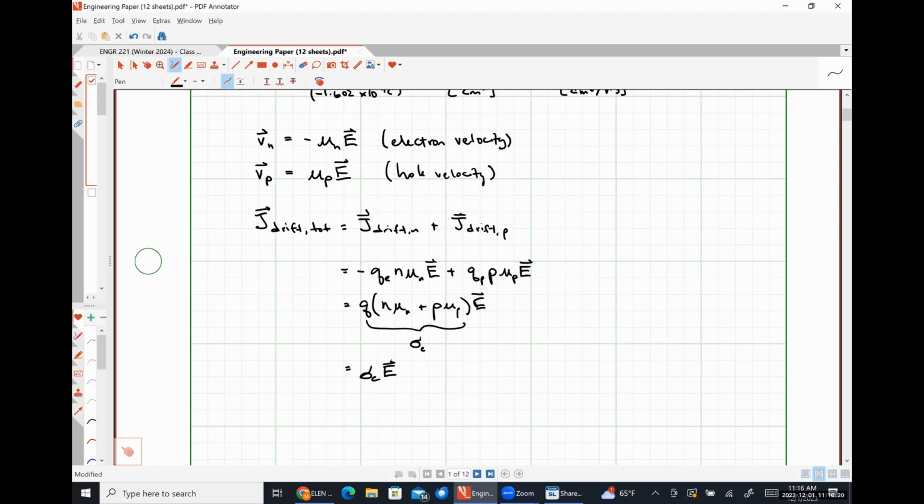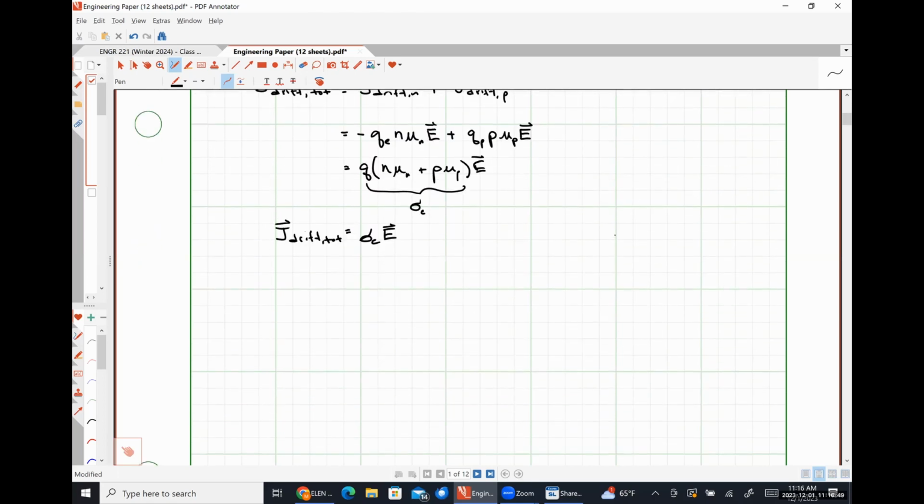And if we multiply both sides by area and recognize that our electric field strength is volts per unit length, and that 1 over sigma is equal to the resistivity, this literally gives us Ohm's law. Okay.